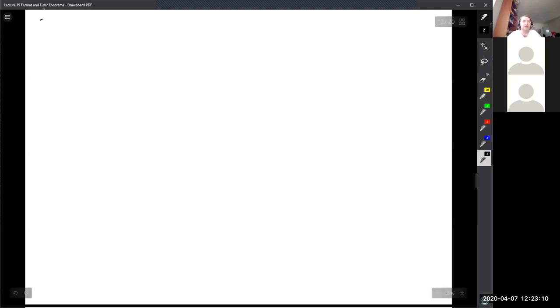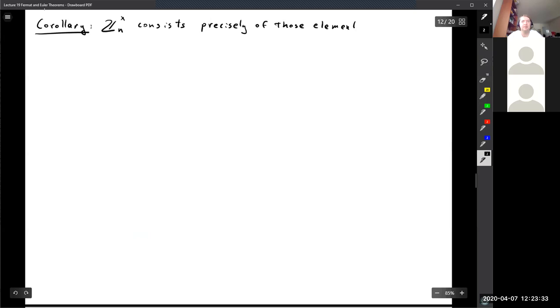Now let's put this as a corollary. Zn cross consists precisely of those elements which are coprime, or relatively prime, with n.